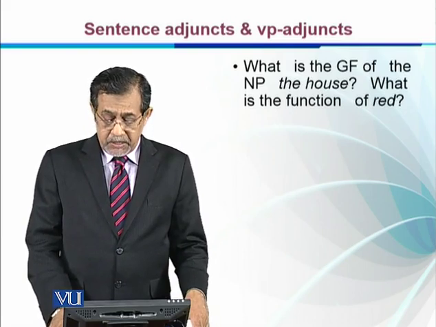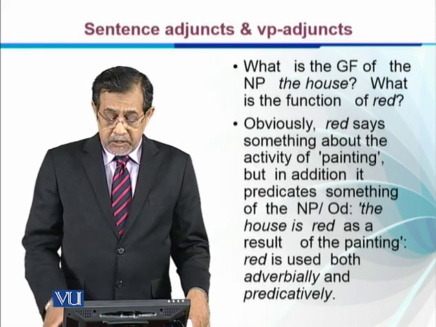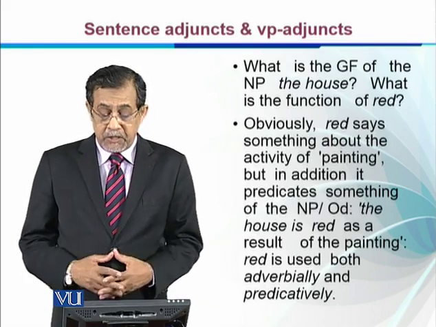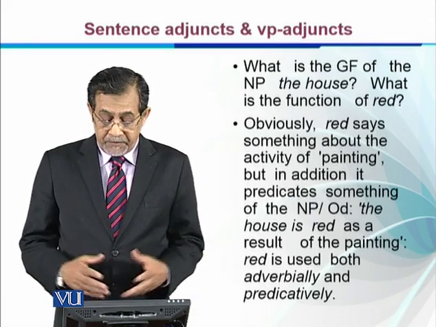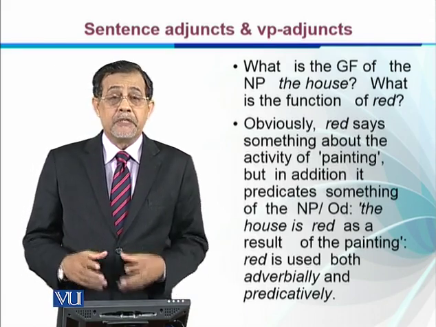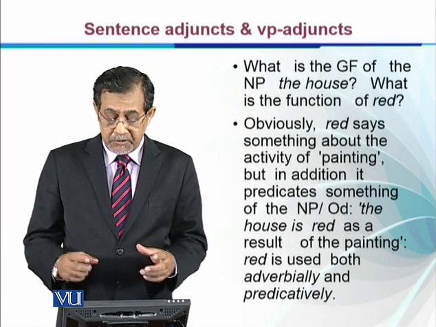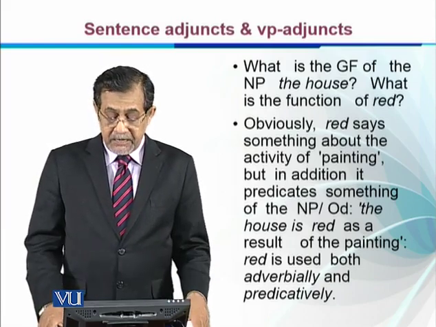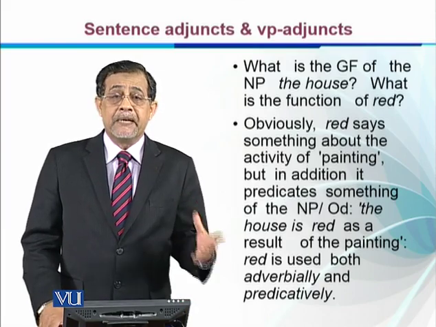So in this way it has the adverbial function. So "red" says something about the activity of painting, but in addition it predicates something of the noun phrase, which is the direct object. The house is red as a result of painting. "Red" is used both adverbially and predicatively.